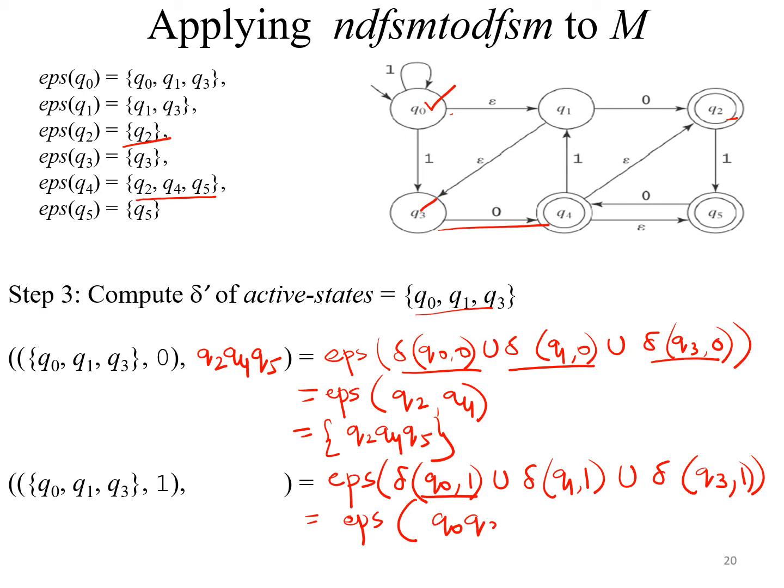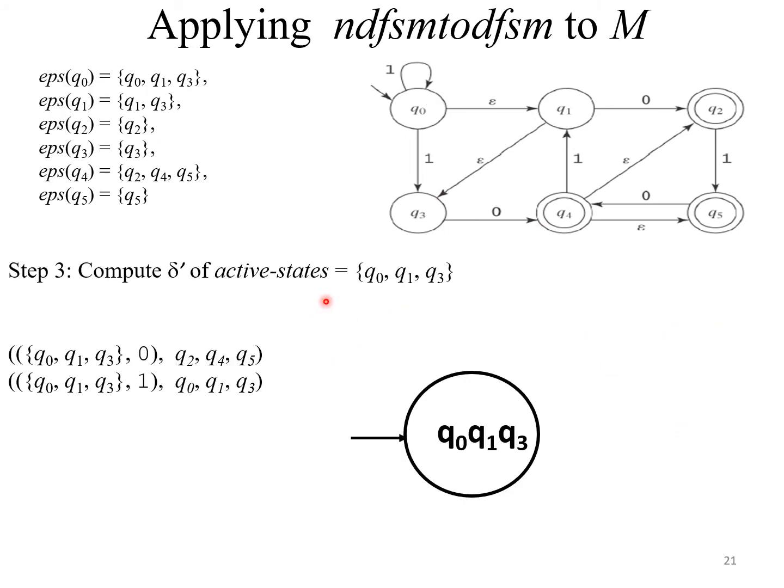Then Q1, 1, we don't have any transitions. Q3, 1, again we don't have any transitions. So EPS of Q0, Q3: Q0 gives Q0, Q1, Q3 and Q3 gives Q3. The union of these two is Q0, Q1, Q3. Therefore, Q0, Q1, Q3 on 1 goes to Q0, Q1, Q3.